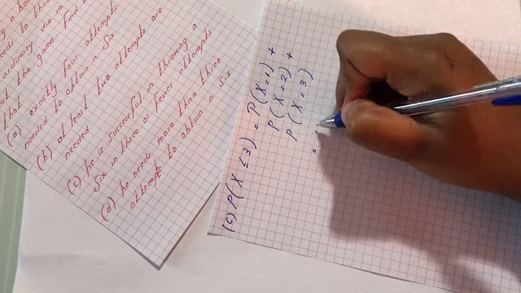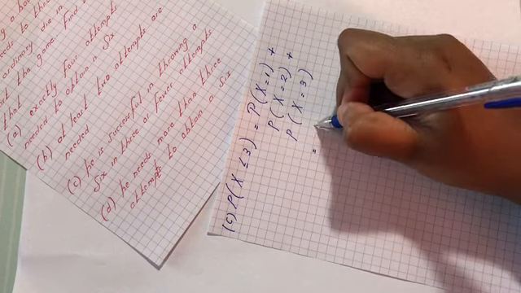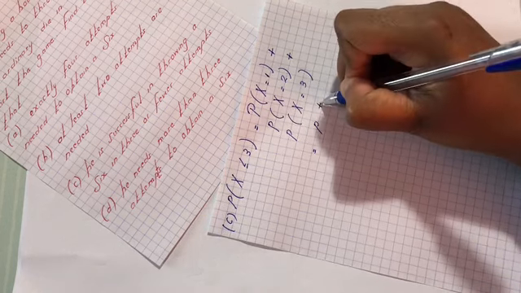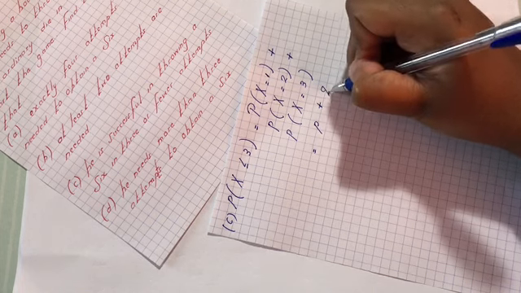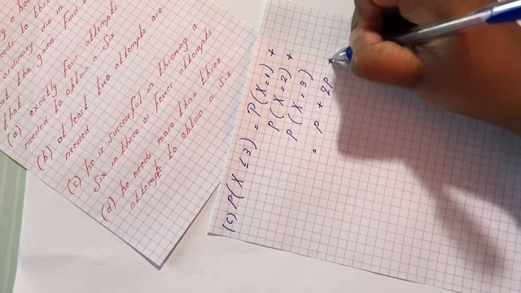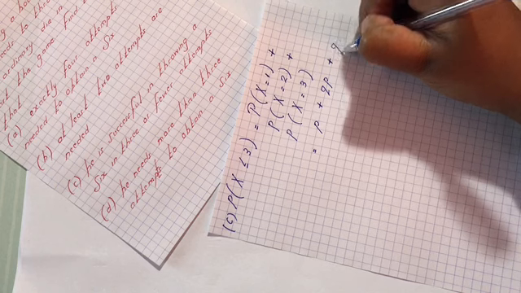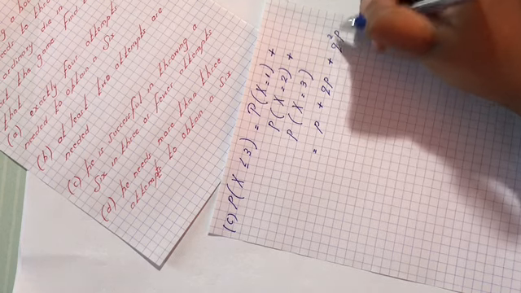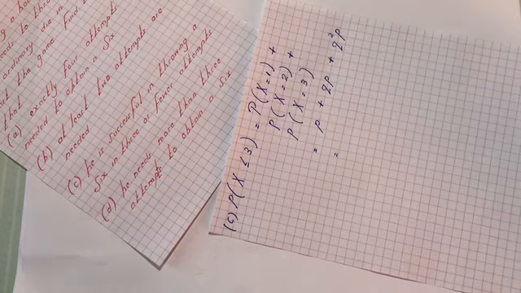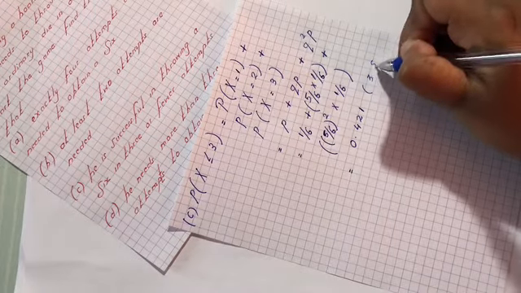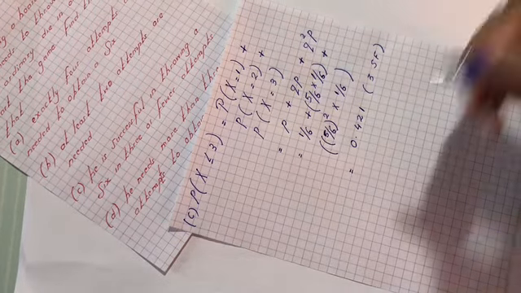We've seen previously P of X equal to 1 is P, P of X equal to 2 is QP, and P of X equal to 3 is Q squared P. You replace the values and get the answer to 3 significant figures.